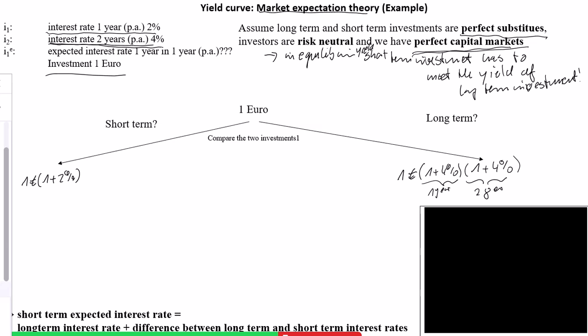So investing in 1 year for 1 year means that then I can invest at an expected short-term interest rate. Well, of course, I don't know where the interest rates are tomorrow. So after 2 years, I would have then 1 plus i1E, the expected short-term interest rate.